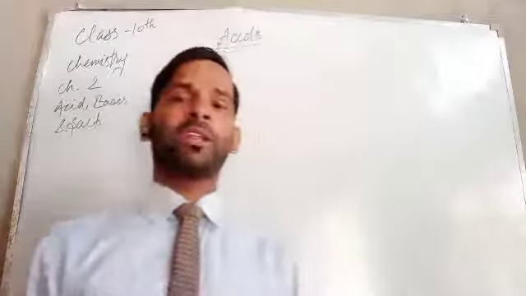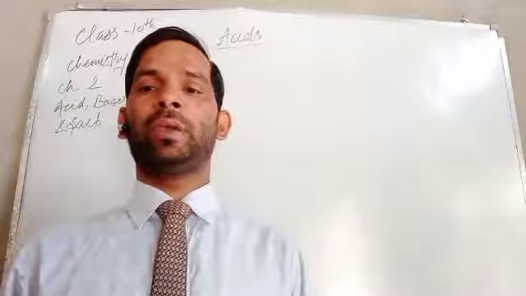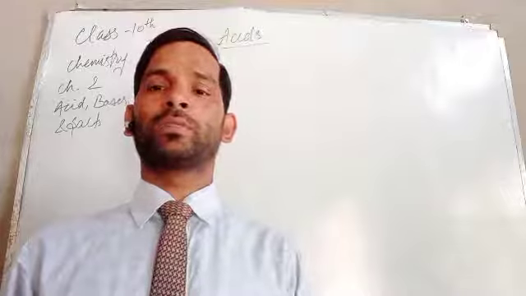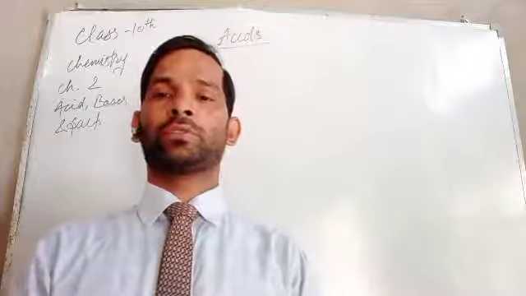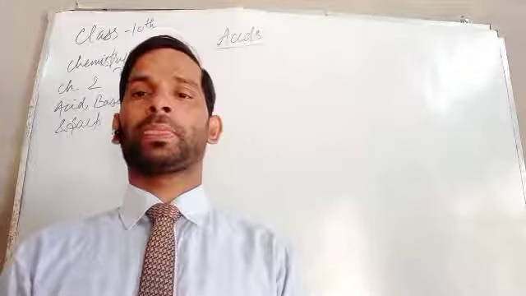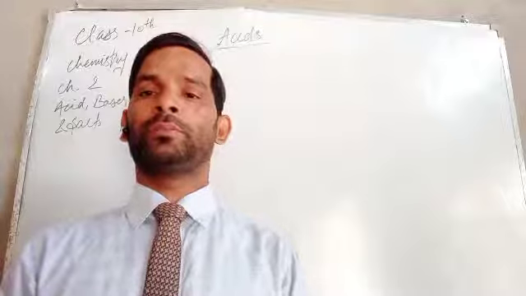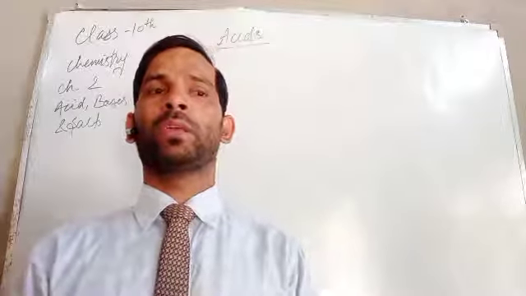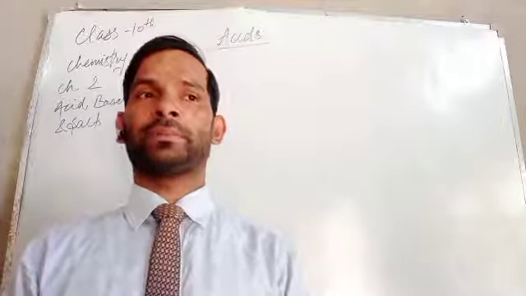We know very well that in our daily life we consume many acids and bases, and acids and bases are the opposite of one another. When we eat citrus fruits like orange, lemon, tamarind, tomato, grapes or raw mango, a number of acids are present.